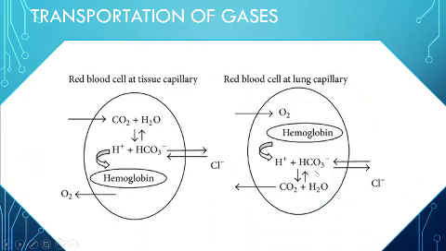Okay, clear? Then transportation of gases. See this picture: the red blood cells at tissue capillaries and the red blood cells at lung capillary. See these two pictures, okay? Coming to the next slide.